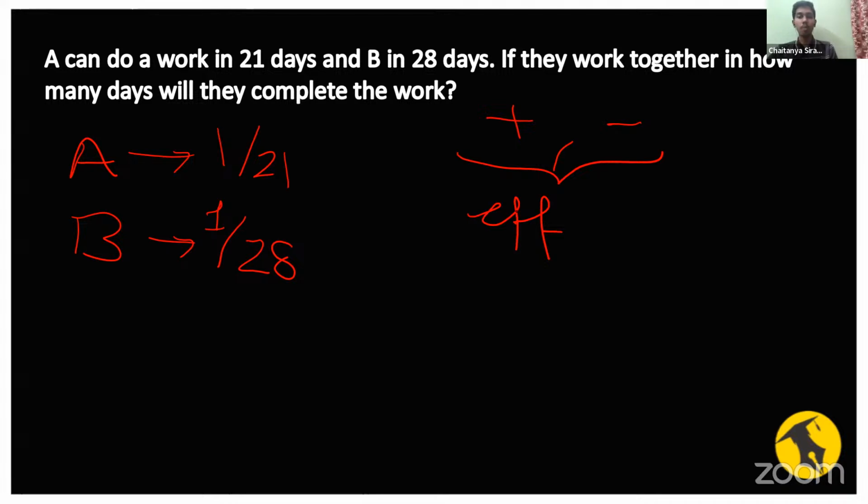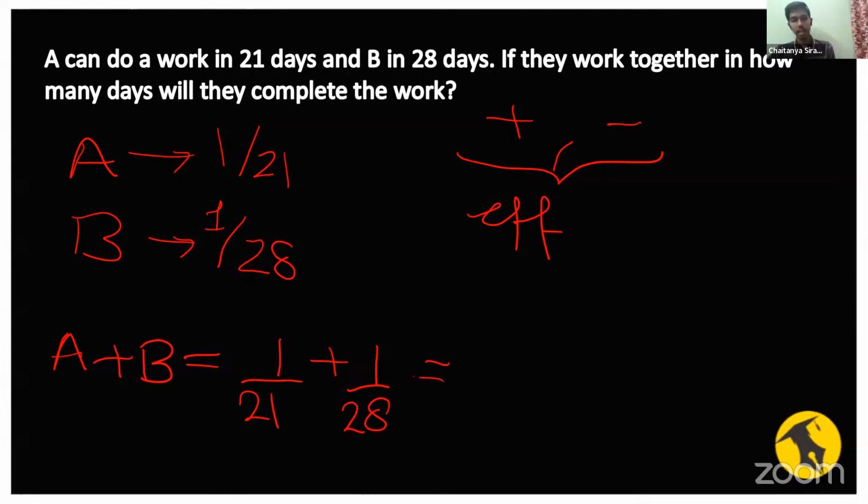So let's find out how much work A and B can do together in one day. It will be nothing but 1 upon 21 plus 1 upon 28. If I solve this, I can take 7 common, 1 upon 7, and if I do a cross multiplication, this will be 4 plus 3 upon 12.